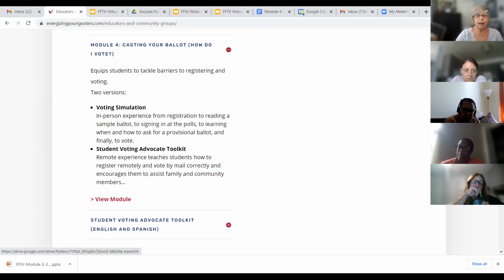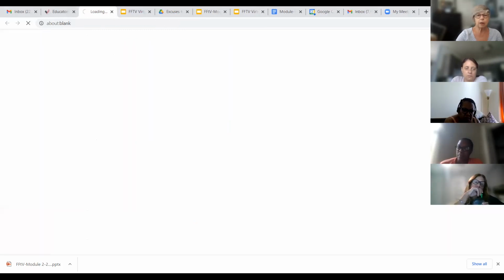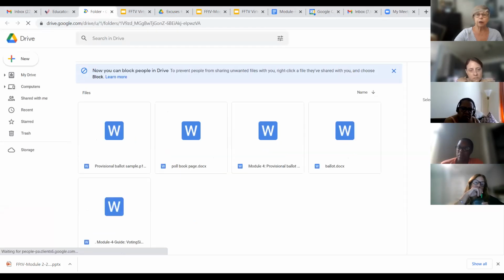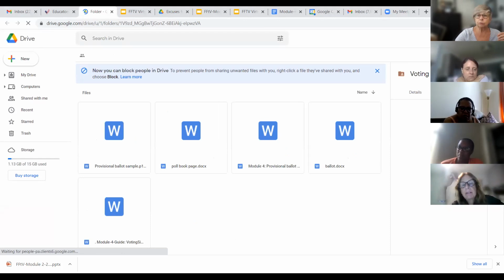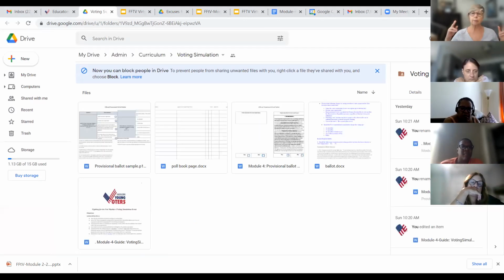I mean, the kids do everything from registering to vote for real if they are eligible to register, or registering on a practice registration form that does not get submitted. All of their names go into a poll book page, which is used during the simulation.